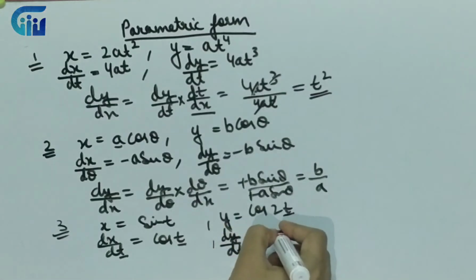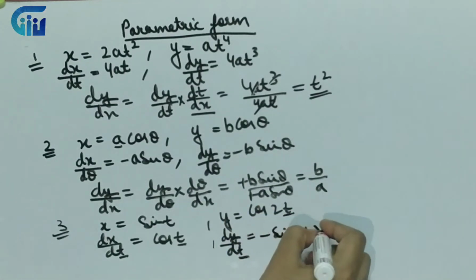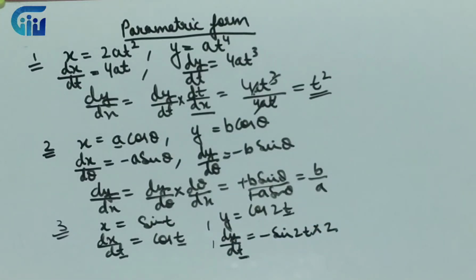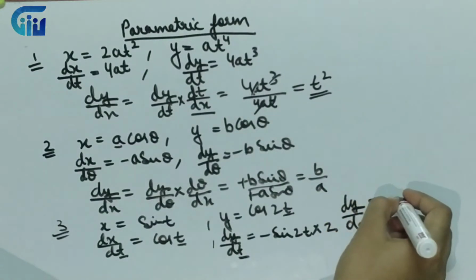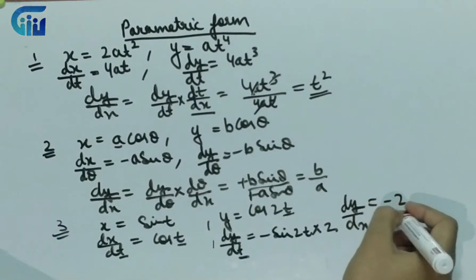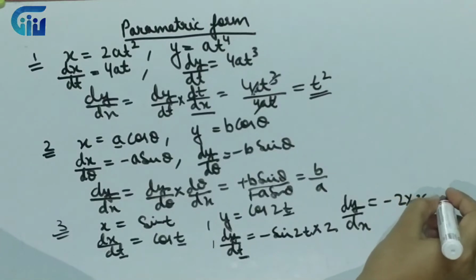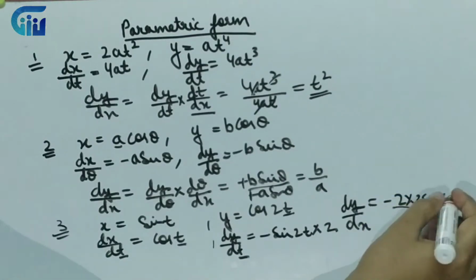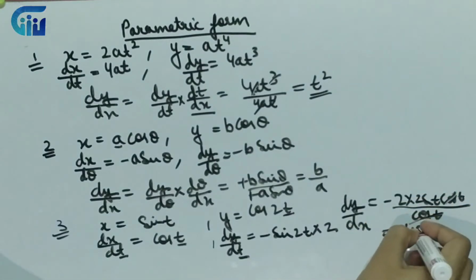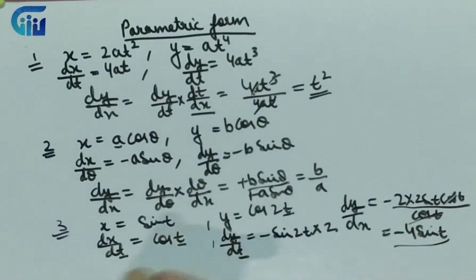So for cos 2t, by chain rule the derivative of cos will be minus sine 2t, then the derivative of 2t will be 2. So again I will find dy by dx. We can write sine 2t as 2 sine t cos t. The 2 is already there, and I will divide it by cos t. So what answer will I get? Minus 4 sine t. So this is how we will solve the questions.